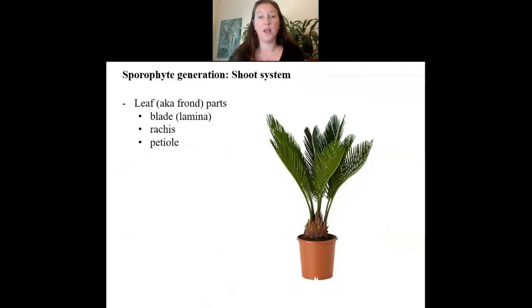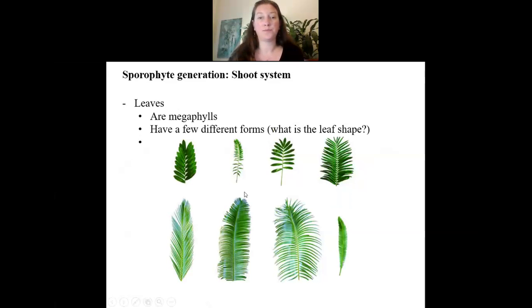And the leaves tend to be compound leaves, and they have the same parts that we've already covered: blade, lamina, rachis, and petiole. And like I said, they tend to be compound leaves. They are megaphylls, like the ferns and the horsetails that we've already covered. And what else?